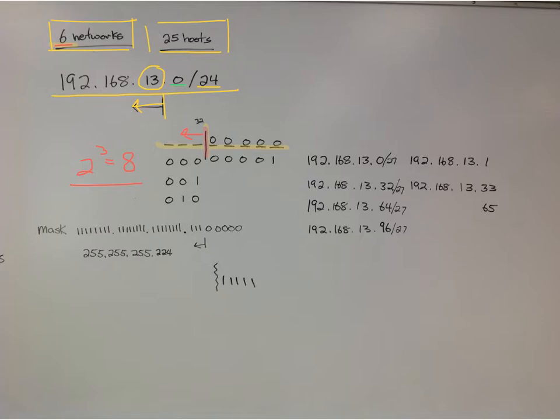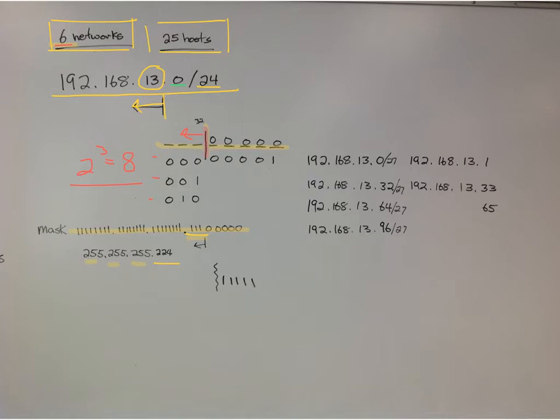And then I start writing out the combinations here. Okay? This work down here is the mask. Right? We have 255, 255, 255, and then here, let me be a little more detailed here. These 3 bits give us the 224.